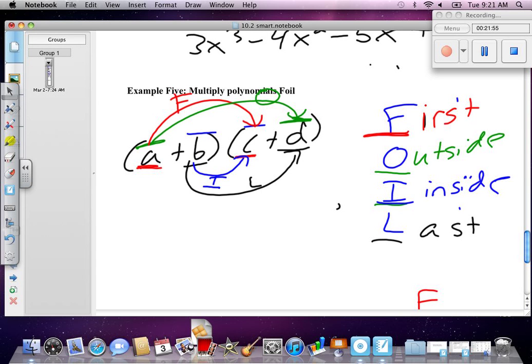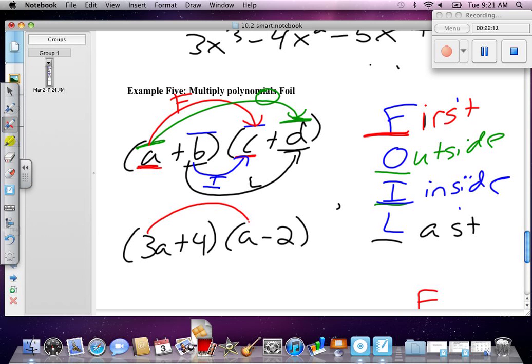So let's try this problem now with the two polynomials. We've got 3a plus 4 times a minus 2. Okay, so first I'm going to do first. That's this number here and this number here. That's going to be 3a squared. Now I'm going to do the outside ones. That's 3a times negative 2. That's negative 6a.